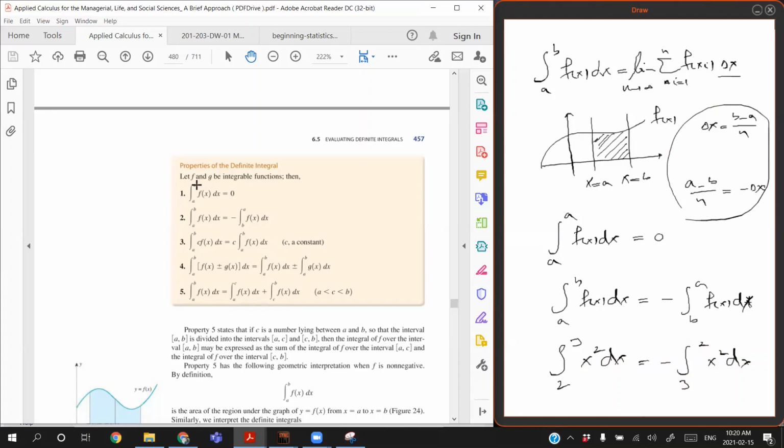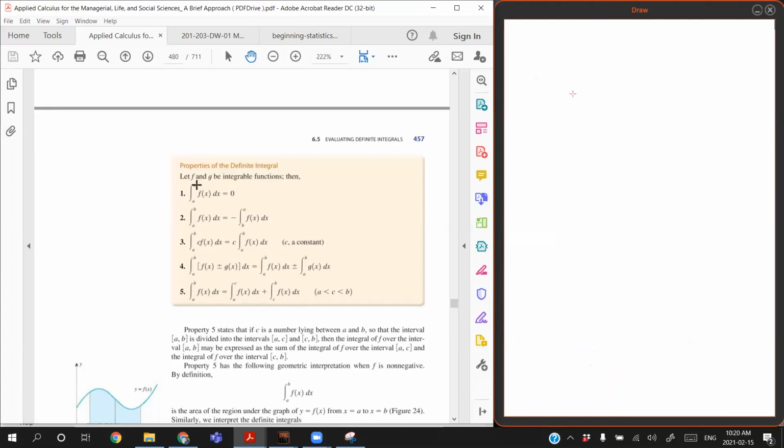The third property: you remember we had this for indefinite integrals, where the integral of c f of x dx is c times the integral of f of x dx. And this is also true for a definite integral from a to b of c f of x dx, which is c times the integral from a to b of f of x dx.